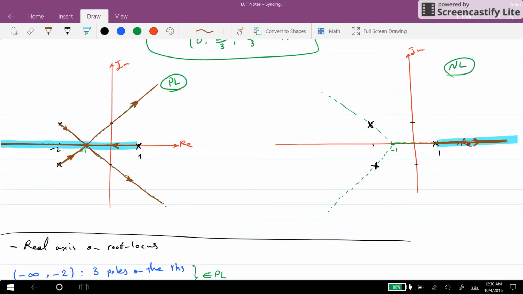And if we draw the branch starting from this, we will obtain this branch. And due to the symmetry, we will have this as well.